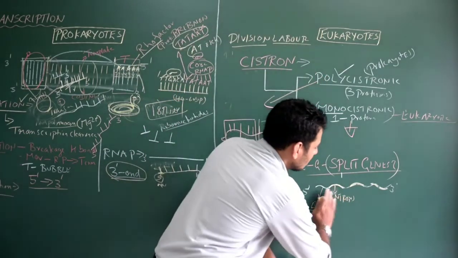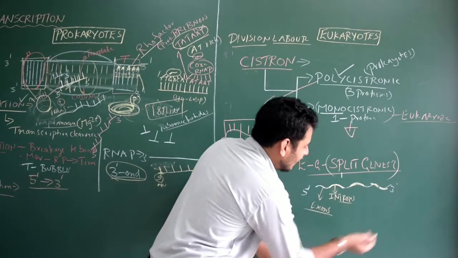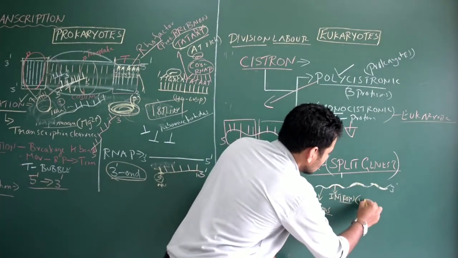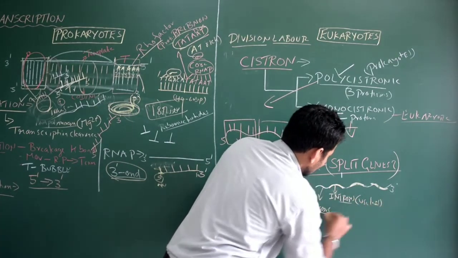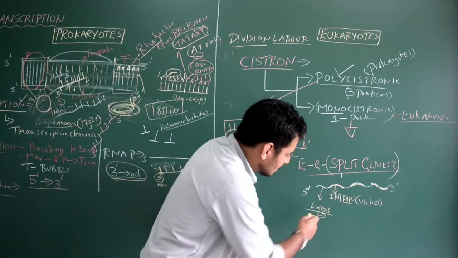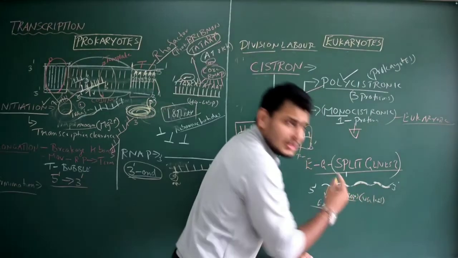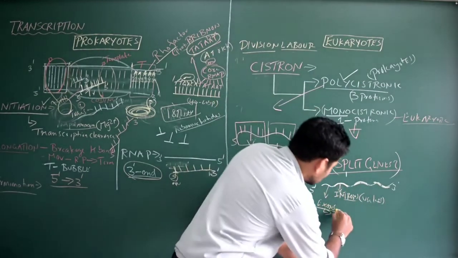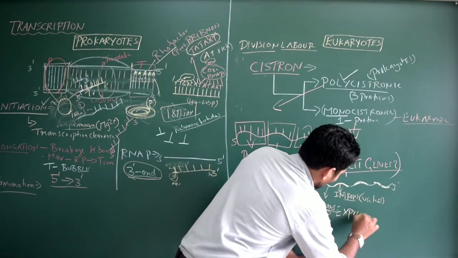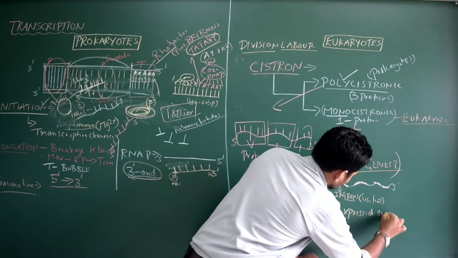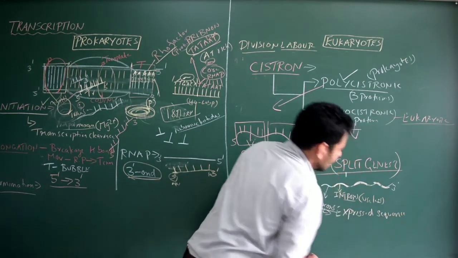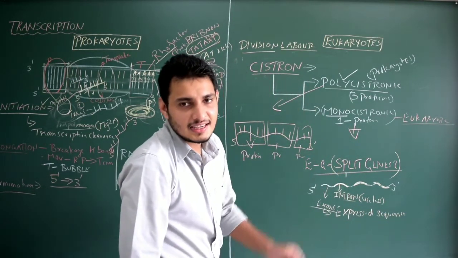Now I want to remove these introns. Why do I have to remove them? Introns are useless, whereas exons are useful. So exons are the sequences which are helpful in the production of proteins. Actually, exons means expressed sequences. Note this point: expressed sequences on the synthesized RNA.